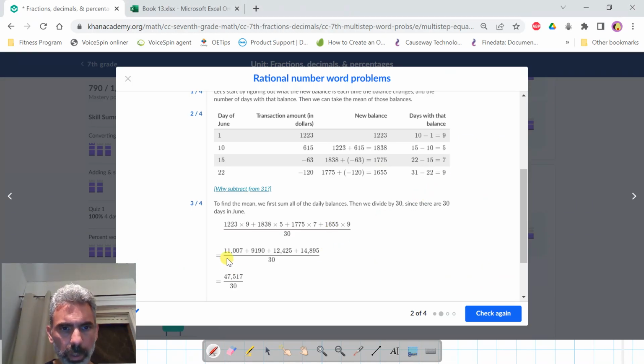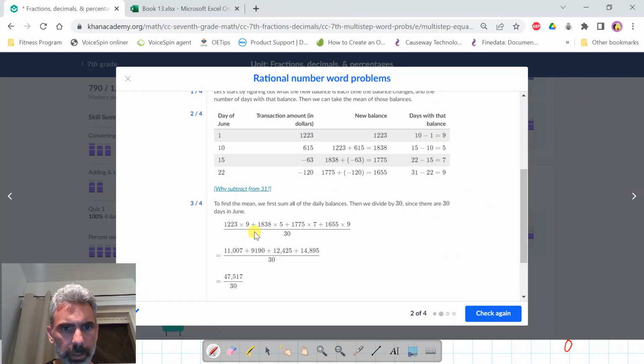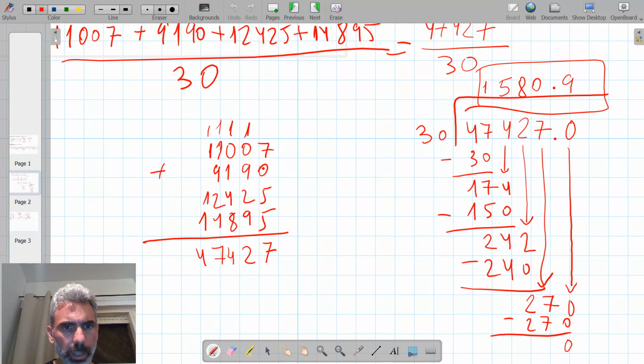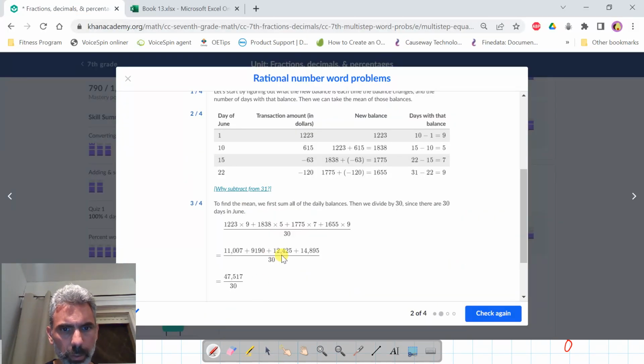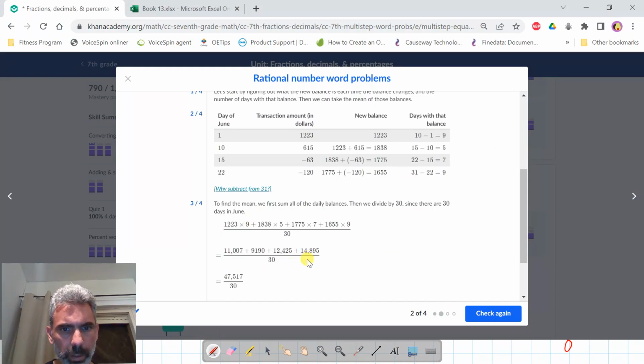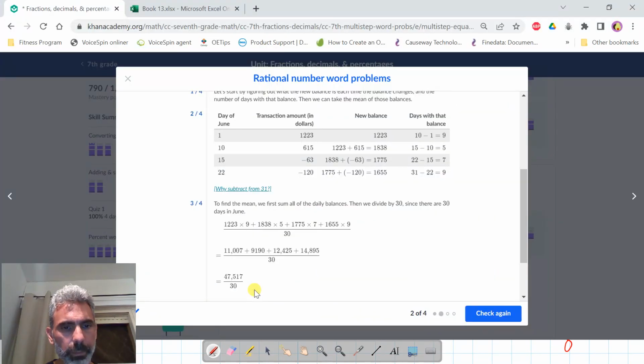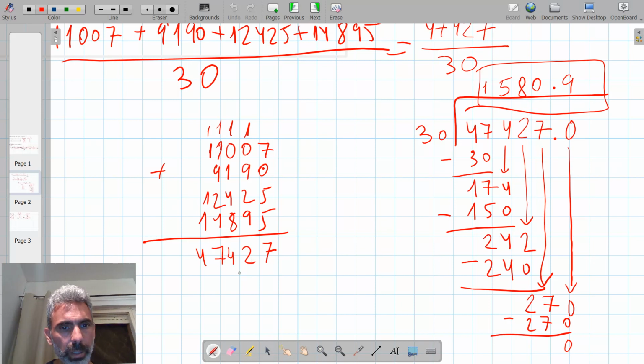And the sums are 11,007 plus 9,190 plus 12,425 plus 14,895. So now it becomes 47,517, so now I made a mistake here. How did I get to 47,427? Let me do this calculation again.